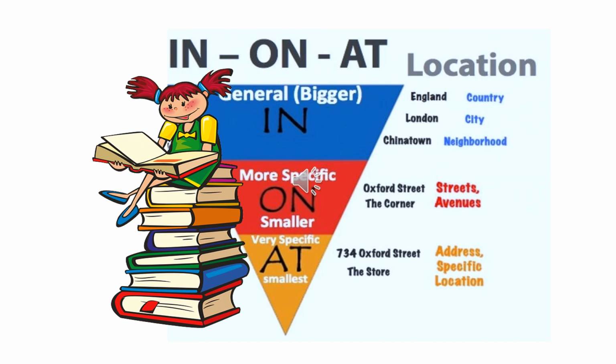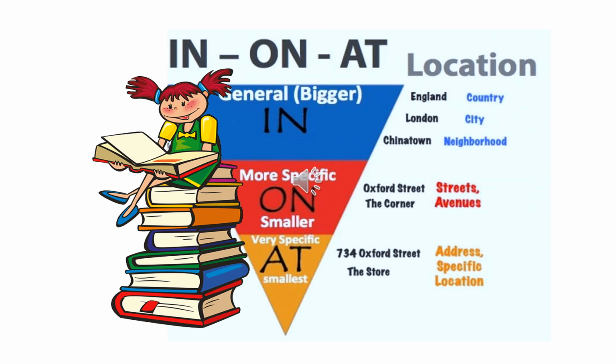At is also used before writing an address, which also indicates a very specific location, like 434 Oxford Street, or the address of our house, like 4 by 32 Rankin Street, Jamshednagar. Sometimes at indicates a comparatively small place. That means there is a comparison between two places, and when the smallest one is there, at sits before that.